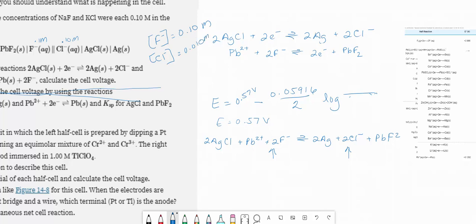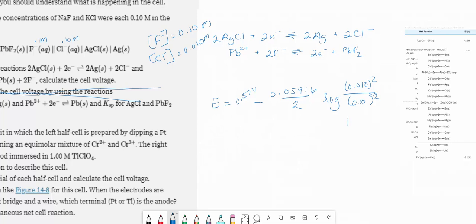Let's do it that way. So I still need products over reactants. Products, my chlorine, so I need the concentration of chlorine 0.010 squared over the reactants. Concentration of fluorine squared. So now I have something a little more to calculate.